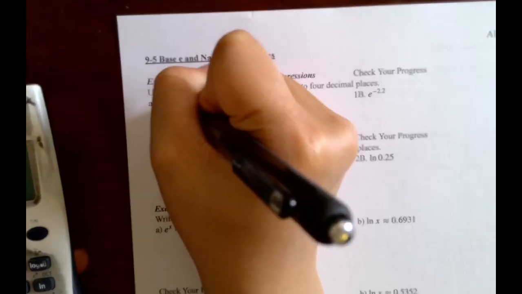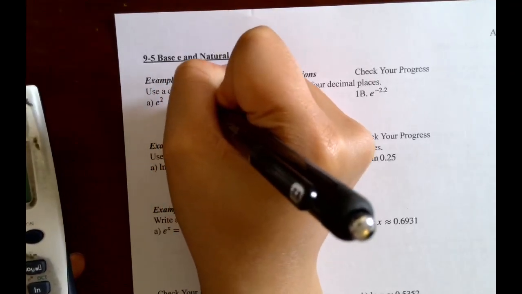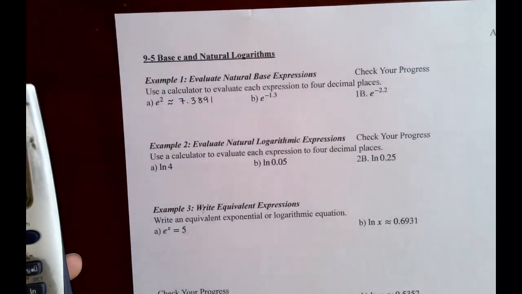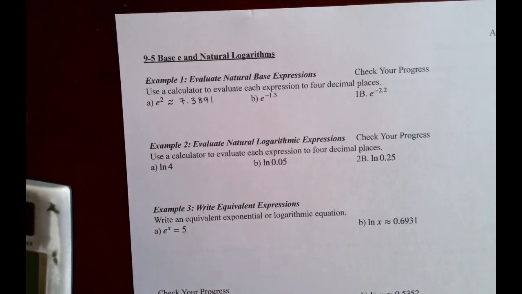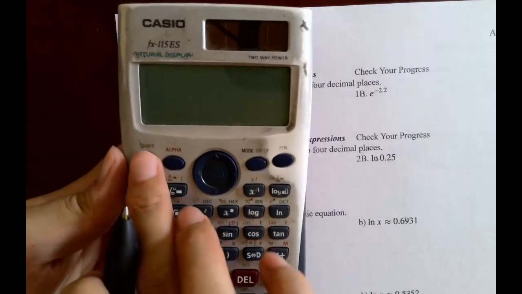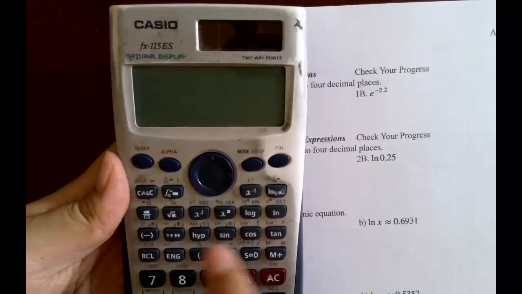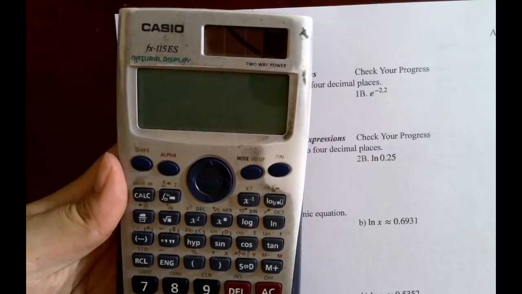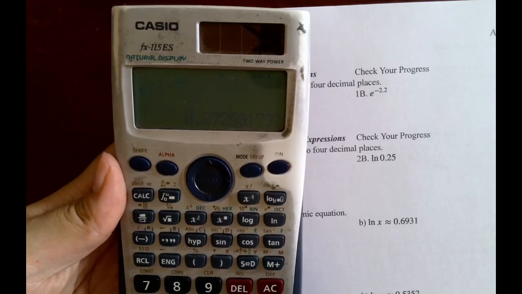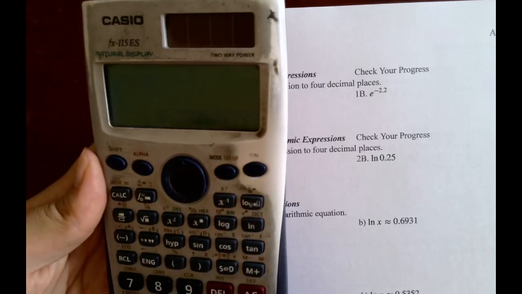So e to the second is approximately 7.3891. Then I'm going to do the same thing for e to the negative 1.3. So again, shift e, and then in my power negative 1.3. And that gives me approximately 0.2725.